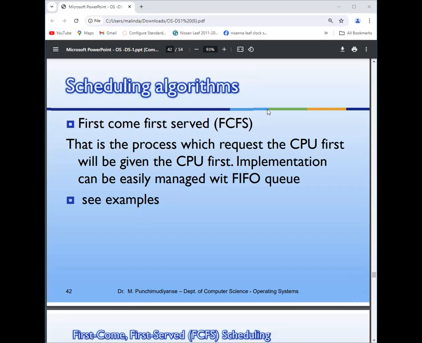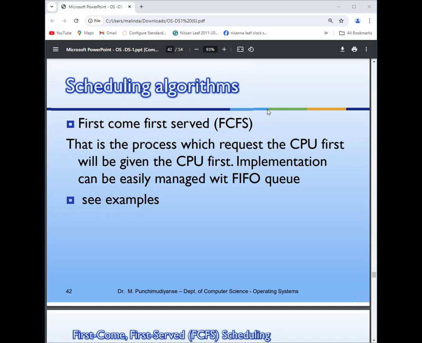The first algorithm is called first come first served algorithm. This is happening every day in your real life also. You are in the queue to buy something, so the first to come will get the first chance to buy something. That is similar to what happens in the CPU also.